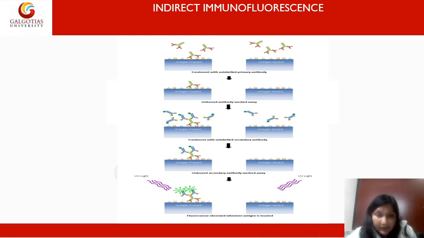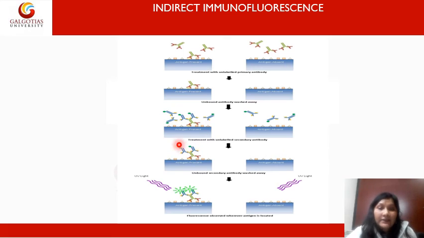In this plate, the antigen is present, so these primary antibodies will bind with the respective antigen, whereas in this microtiter plate, there will be no antibody present after washing. After washing, the unbound antibody will wash away from this microtiter plate, whereas it will remain intact if the primary antibody is present in the well.